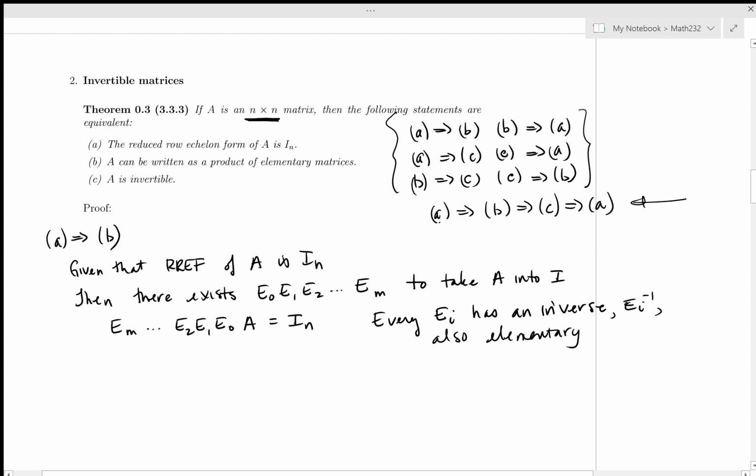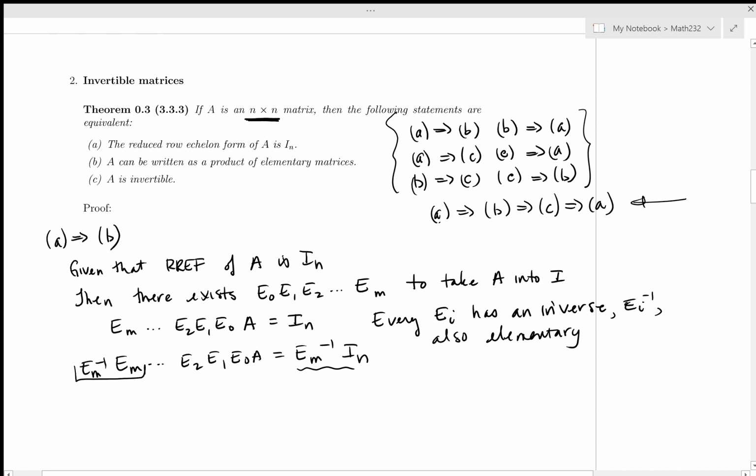Previous theorem. So what I'm going to do is take this long chain of multiplication here and multiply both sides by E_M to the minus 1. On this side I just end up with E_M to the minus 1, and on this side these two things combine to give I, and I'm down by 1.